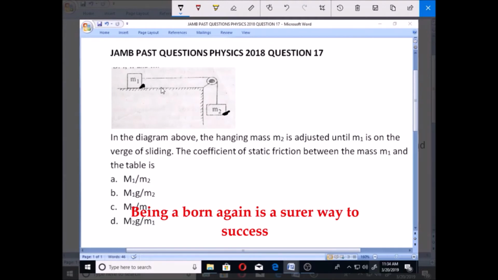The coefficient of static friction between the mass M1 and the table is option A, M1 over M2, B, M1g over M2, C, M2 over M1, D, M2g over M1. So how do we go about solving this? Question number 17.